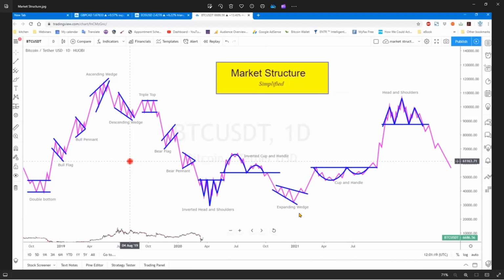And then you have an expanding wedge, and you'll notice that it comes out of the expanding wedge, retraces back into this line right here, and it trends higher. Then you have a cup and handle, which is similar to this cup and handle, but it's upside down. When you see this cup and handle, you want to anticipate the market to go higher.